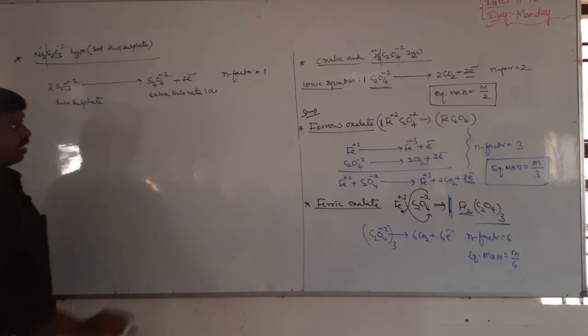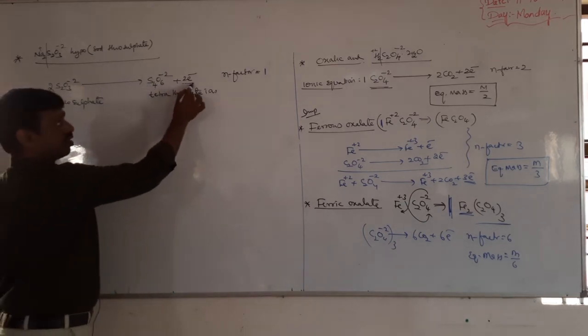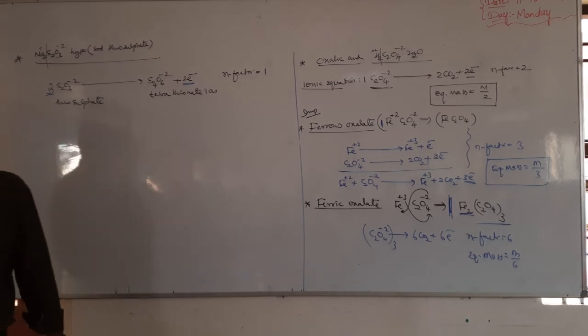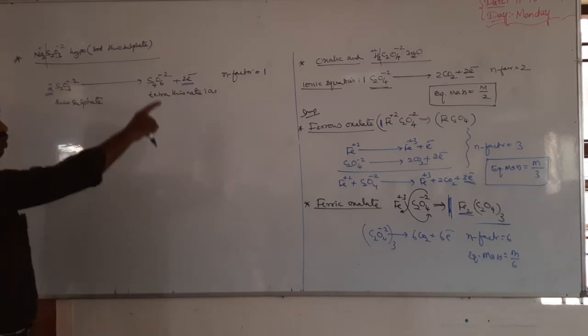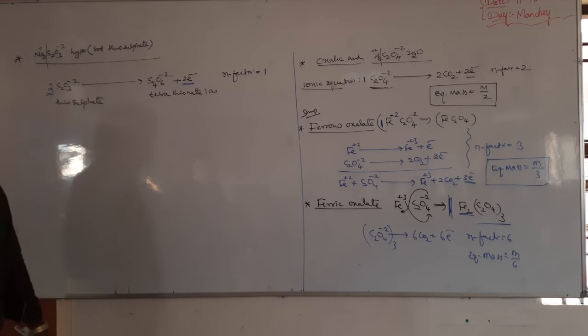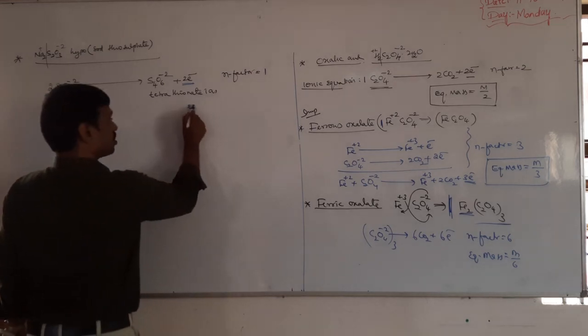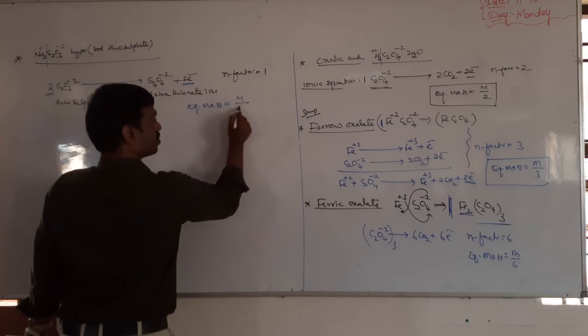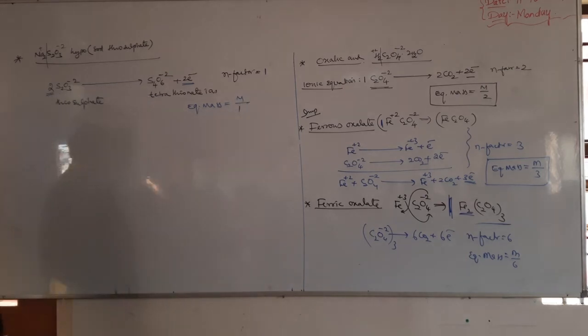Because it loses 2 electrons, of course, but for how many moles? 2 moles. We have taken 2 moles. For 2 moles it loses 2 electrons, but what is the n factor? For 1 mole, it loses 1 electron. So therefore, what is the equivalent mass? Equivalent mass equals molecular mass by 1, not 2.